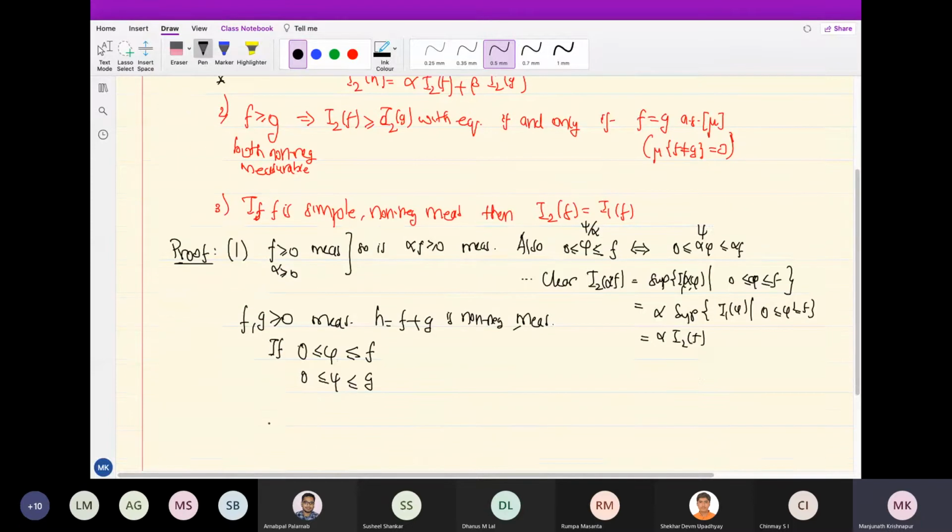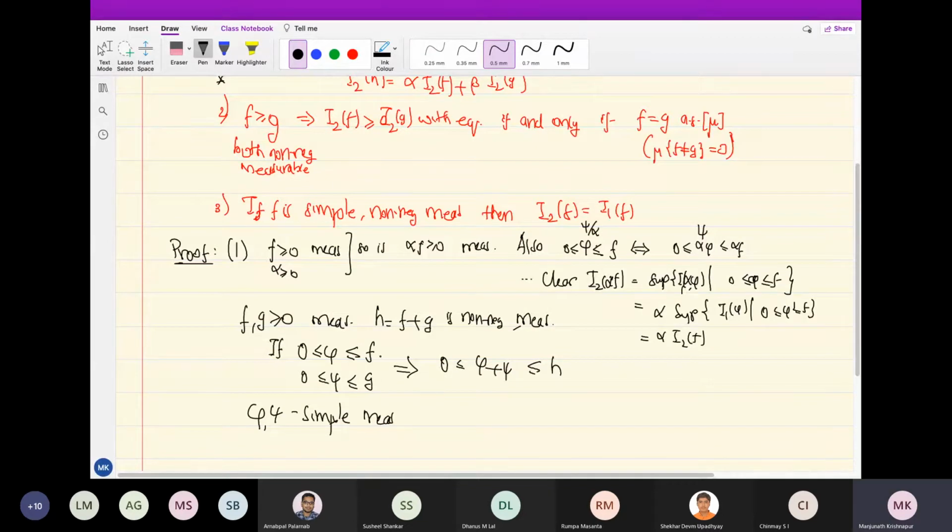Phi and psi are non-negative, simple and measurable. So this certainly implies that phi plus psi is sandwiched between 0 and h, right?